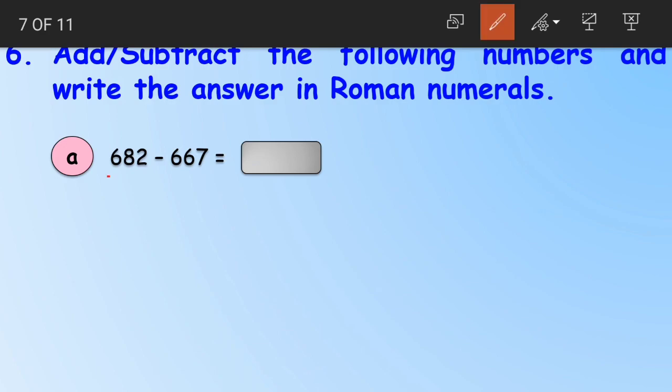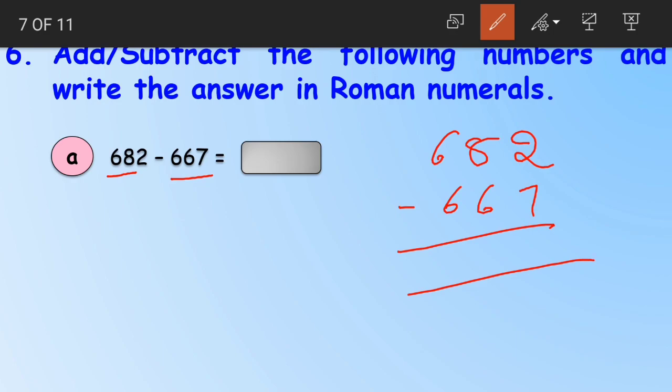Now we have two Indo-Arabic numerals here, 682, then the subtraction sign, 667. How do we subtract? We cannot take 7 from 2. So we will borrow from the next number, which is 8. 12 minus 7 gives us 5. 7 minus 6 gives us 1. 6 minus 6 is 0.